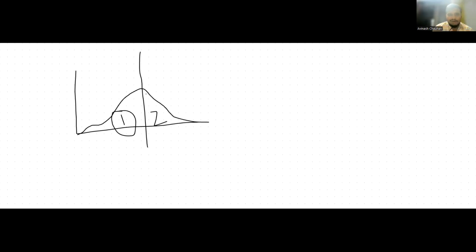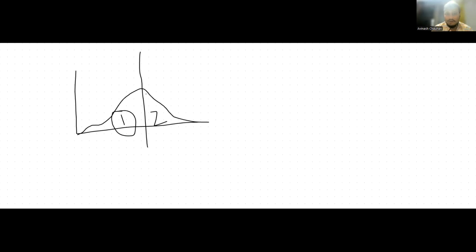And now, if my graph is somewhere like this, and if I cut it into two halves, then you can see the graph is not identical.